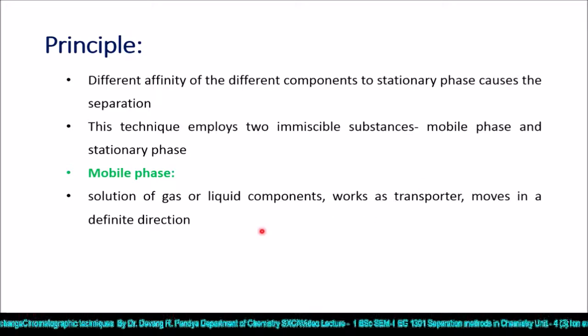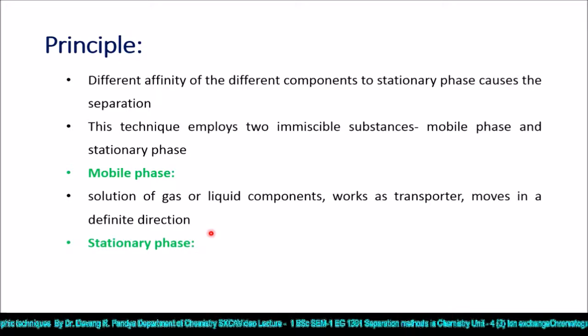The mobile phase is made of either a gas or a liquid, and it acts as a transporter moving in a specific direction. The components have different affinity for the stationary phase, and due to this different affinity, the mobile phase separates the components of the chemical constituents, and that is how ion exchange chromatography works.